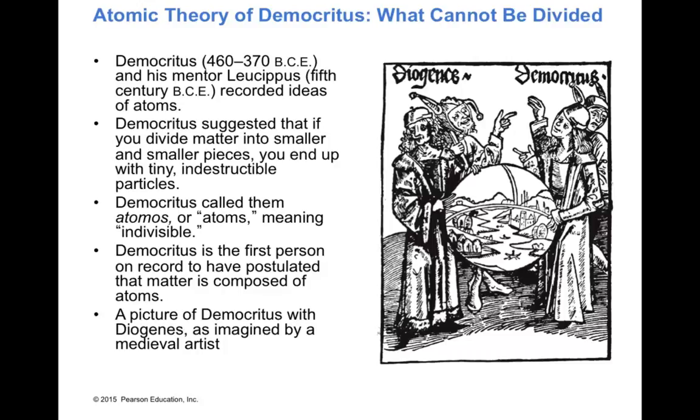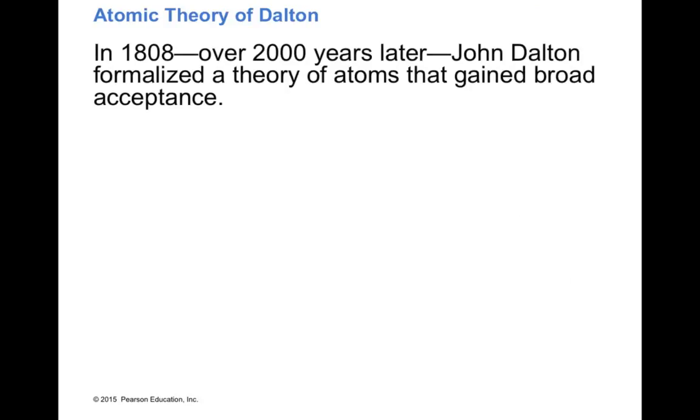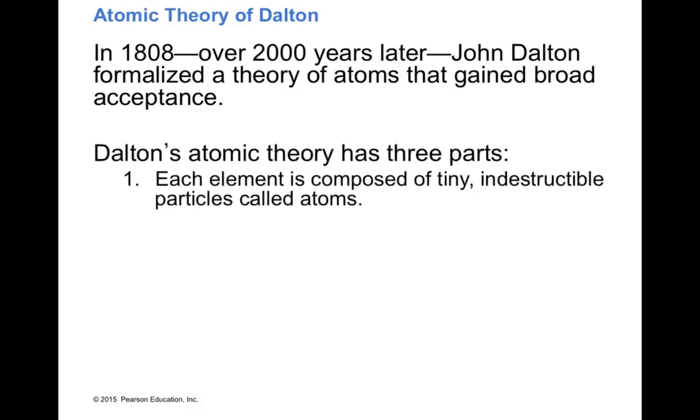Even though Democritus established the presence of the atom in matter during this era, it is not until the 1800s that a physicist named John Dalton introduced what is known today as the atomic theory. In 1808, over 2,000 years later, John Dalton formalized a theory of atoms that gained broad acceptance. Dalton's atomic theory has three parts.